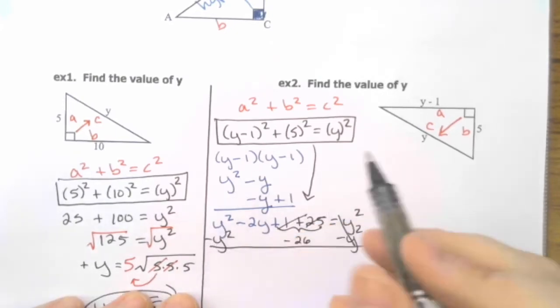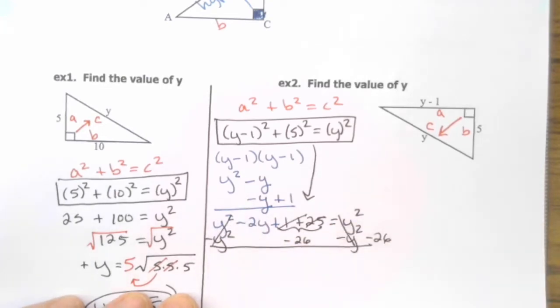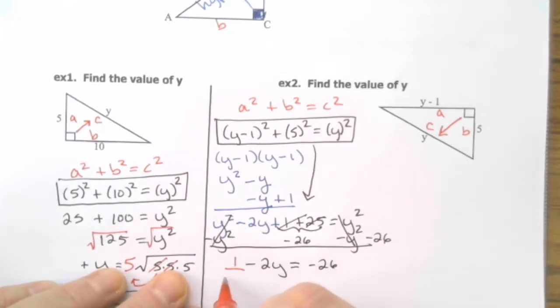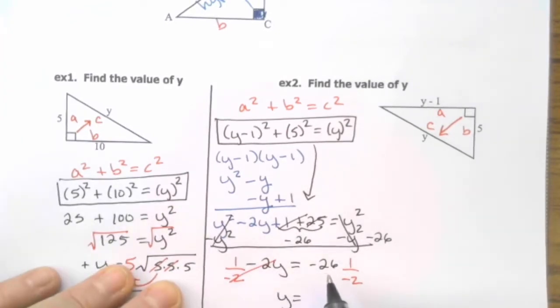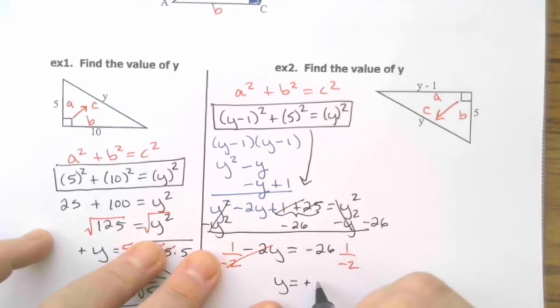Now something interesting happened. The y squareds completely subtracted out, and I have negative 2y equals negative 26. To get y by itself, multiply by the reciprocal, 1 over negative 2. The negative 2's cancel. A negative divided by a negative is a positive. And 26 divided by 2 is 13, and that is our answer.